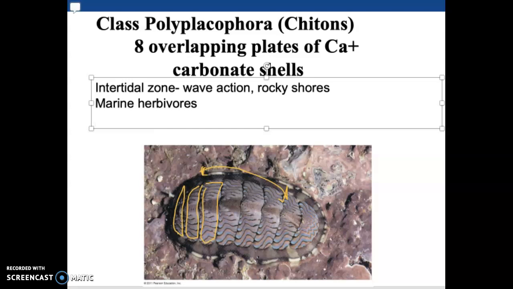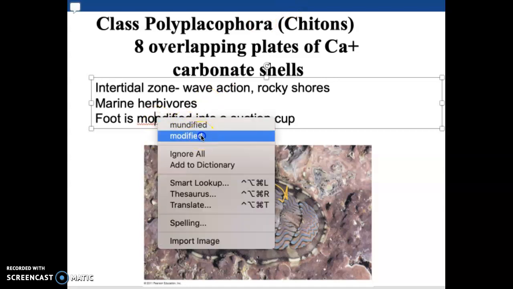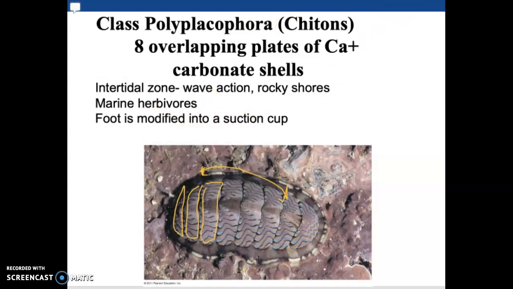Now you got a big wave that comes slamming into the shore every so many seconds. You have to be able to attach yourself to the rock. So they fold themselves over the rock, and then the foot is modified into a suction cup that enables them to suction onto the actual substrate.